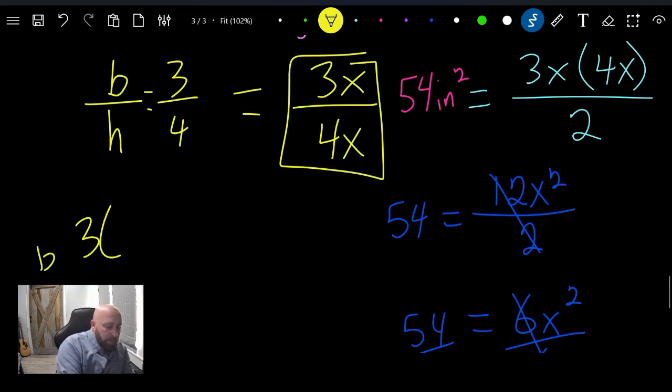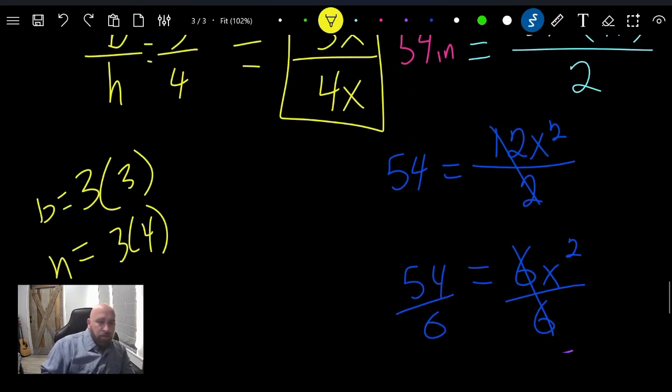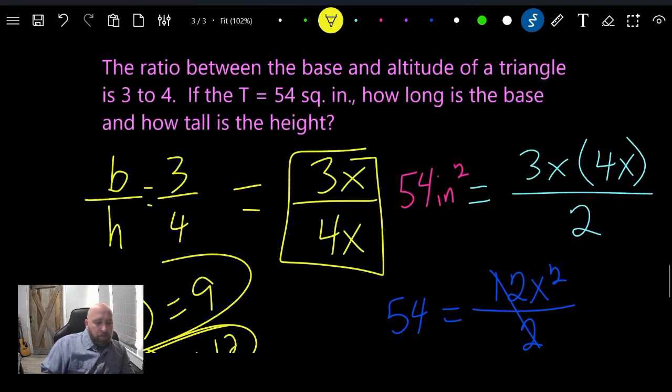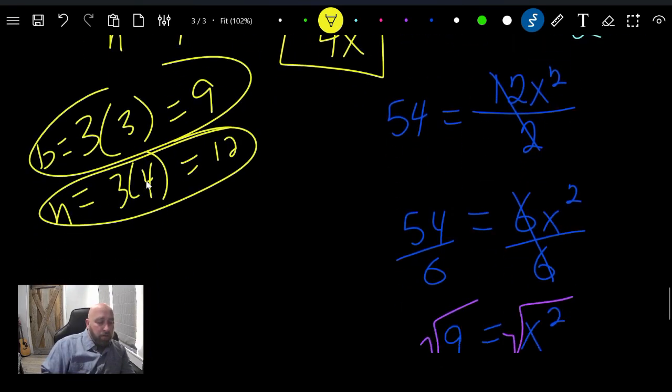So base equals 3 times 3, and height equals 3 times 4. So this one is going to give us 9, so the base is going to equal 9, and this one's going to give us 12. The height is going to equal 12. So going back up here, that's what it asks us for. It asks us for the base and altitude of the triangle. So we got it right.